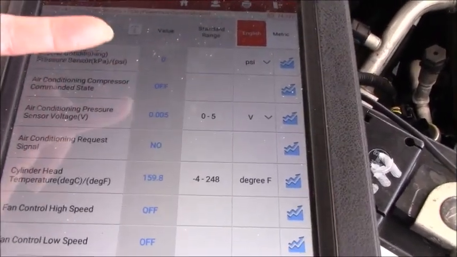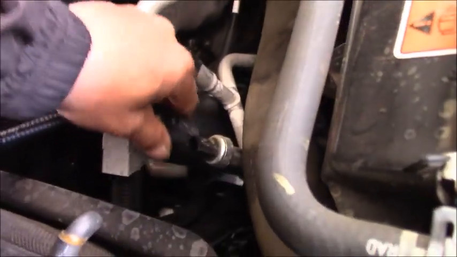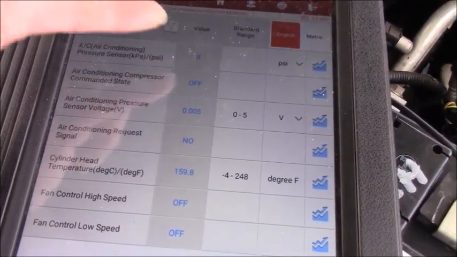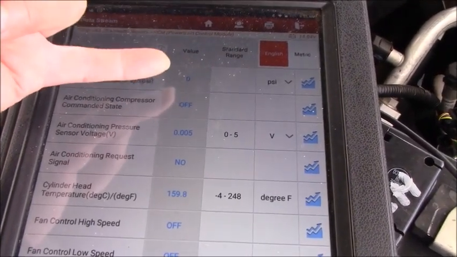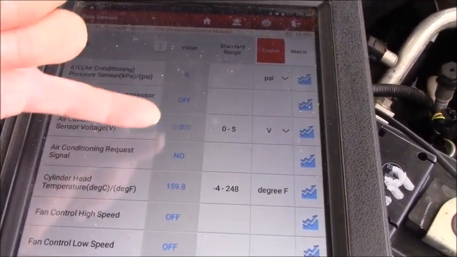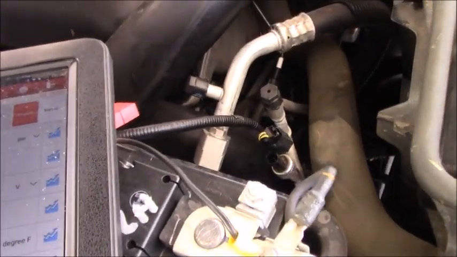This means the computer is okay. If we disconnect the connector and it still reads no change at all, 400-something PSI and no change in the voltage, that would mean the computer is shot.